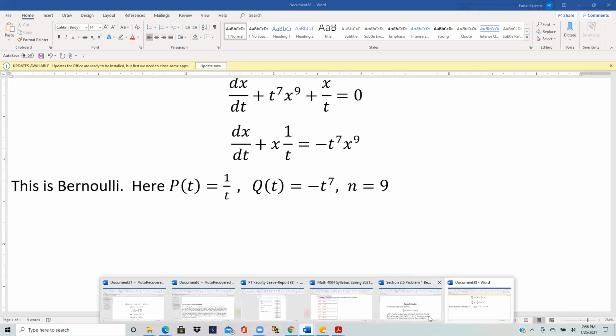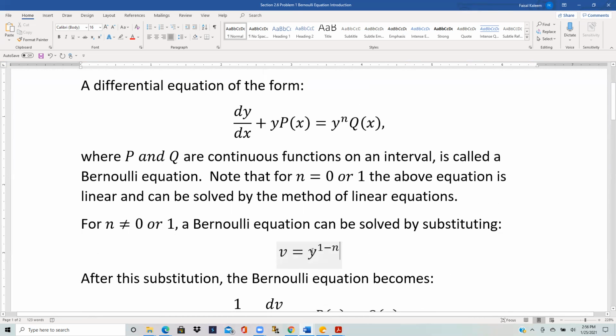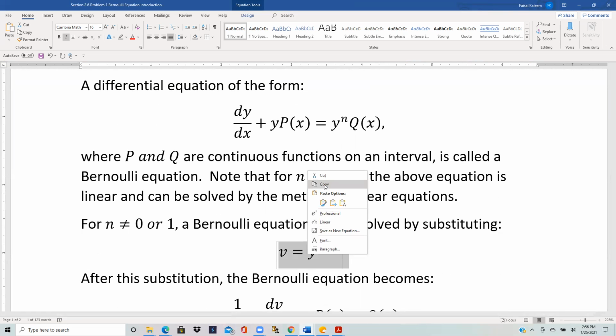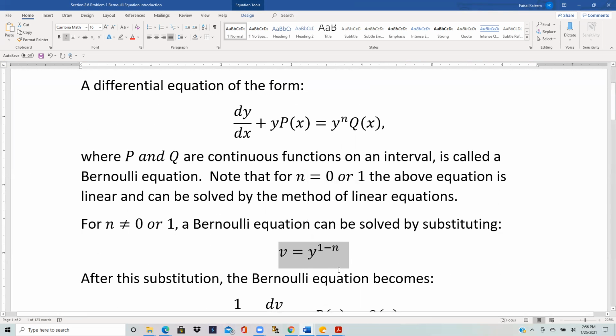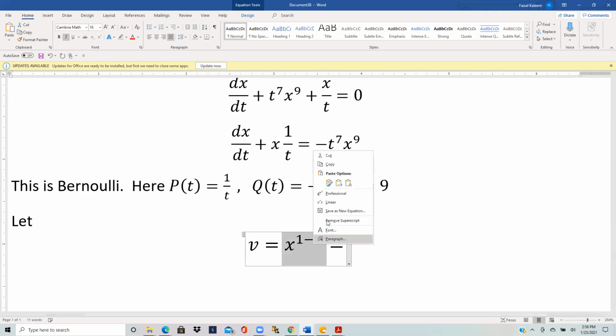So once again, let's look at the more known form. So the substitution is v equals y power 1 minus n. So in this case, x is playing the role of y, so it would be v equals x power 1 minus n, and n is 9.